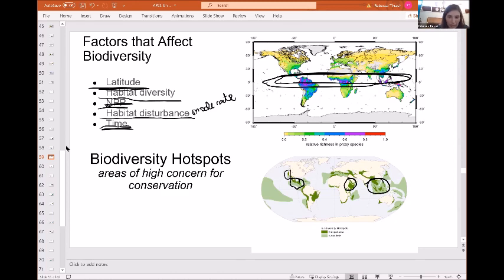For the United States, pretty much all of coastal California, and I know it's hard to see, but all of Hawaii, parts of the rainforest, all of these Southern Asian Pacific islands, very, very high biodiversity. We really want to try to protect it.